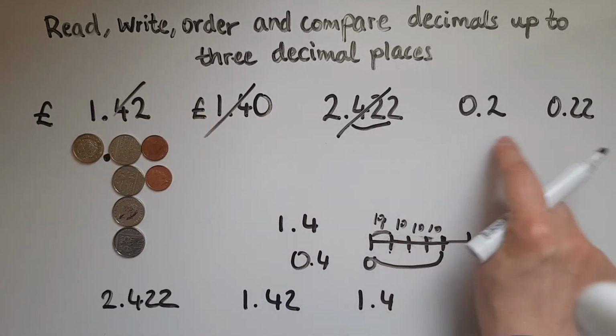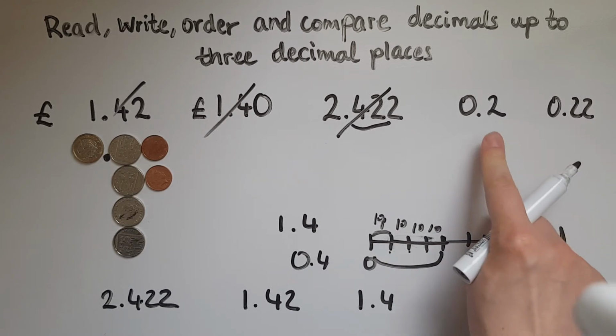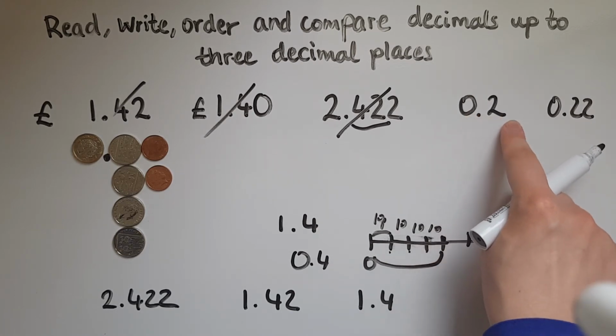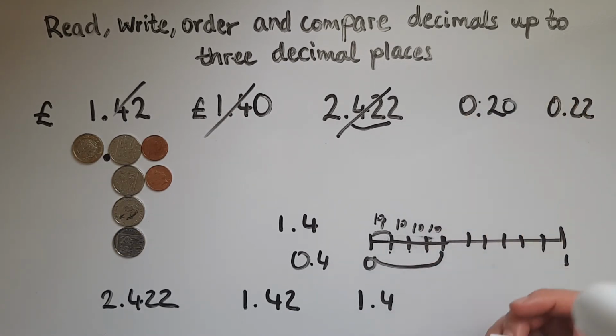And if I'm comparing the other two, 0.2 means 20 pence, and this means 22 pence. So I'll go for the 22 pence first. So I've ordered them from the largest to the smallest.